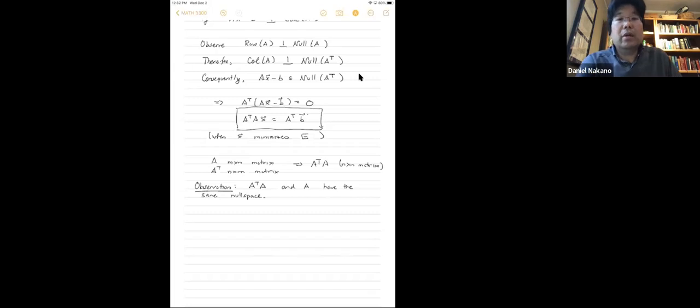In other words, the homogeneous system of solutions is the same for both these matrices. Okay, so let's justify this. Suppose that AX is equal to 0. So something is in the null space, right?